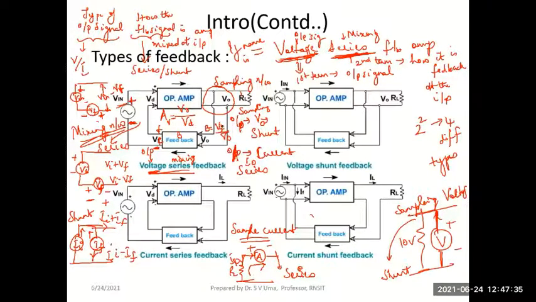Output of the feedback network is Vf, input is Vo. So the ratio of output to input is your feedback factor beta. This is the feedback transfer function. This is the transfer function of the op-amp. So basically, this is how you realize a voltage series feedback amplifier.